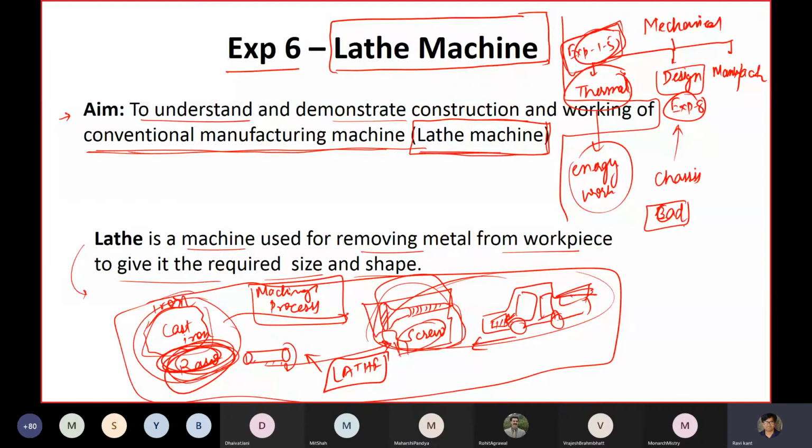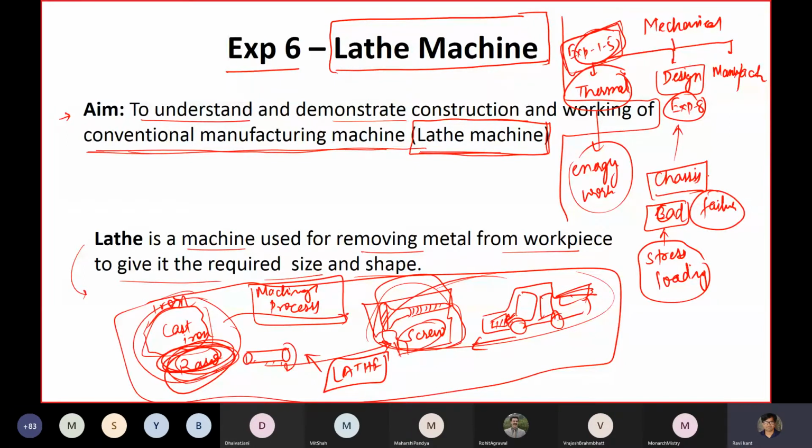Once the 3D model is done, it undergoes some stresses or loading, and these loadings will tell you whether your chassis is going to fail or not, whether this load can fracture the chassis or not.